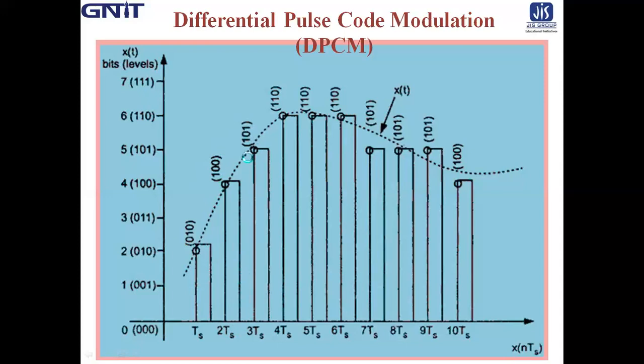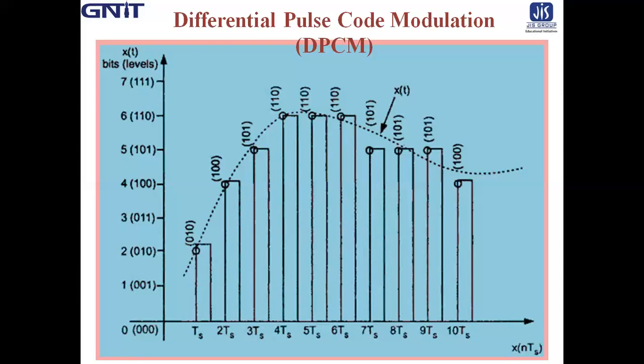Similarly, for 4TS, 5TS, and 6TS, the same information is transmitted 3 times. That is 110, the same information. So these bits are redundancy. Now, if redundancy is reduced, the overall bit rate will also be reduced.